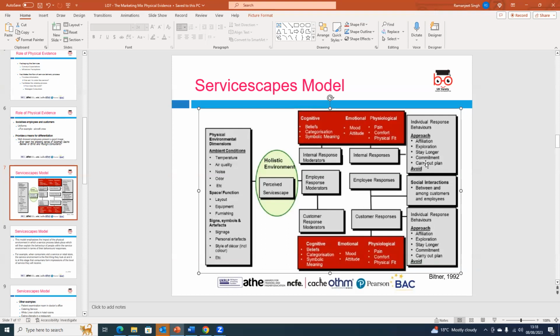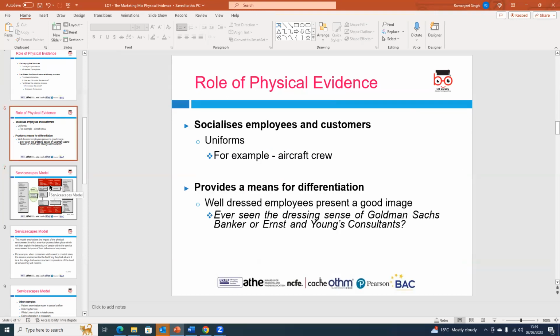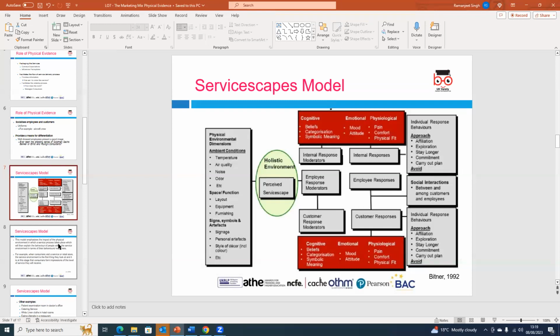It tells you your impression of the organization. And you can apply the servicescape model to your own organization, in terms of the physical environment and the individuals who work at your place.